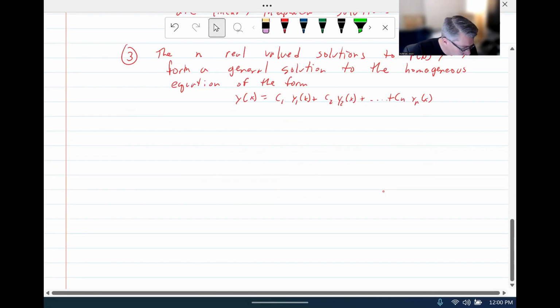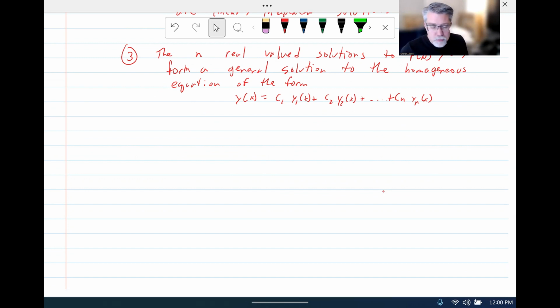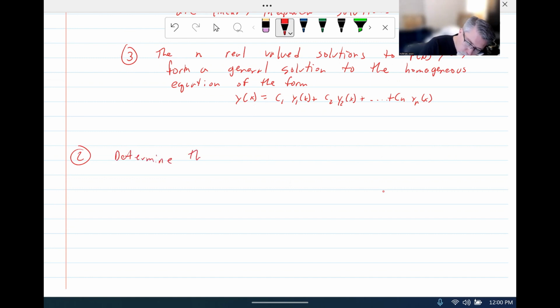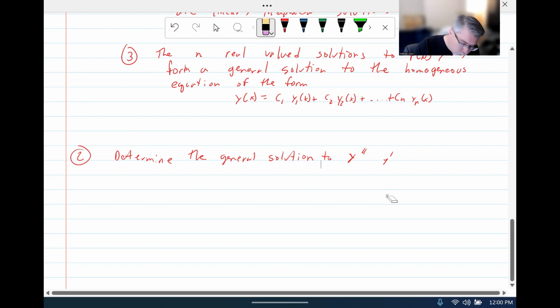Okay, let's use this to try to solve a second order linear differential equation. So very, very simple. Let's do example 2 here. Determine the general solution to y double prime minus y prime minus 2y equals 0.